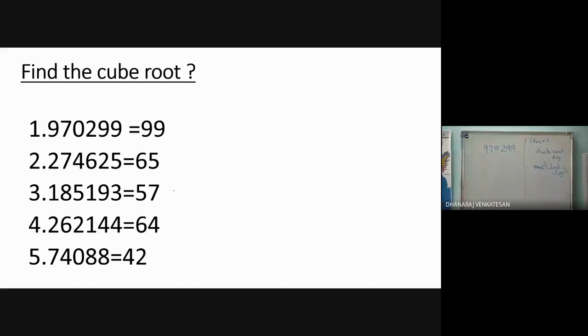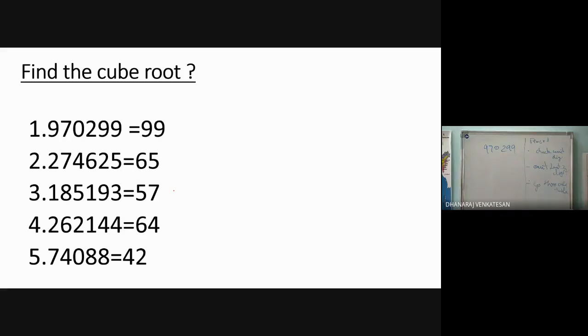In square root, you have seen that 2 digits. Here you have to omit the last 3 digits. Next step is similar. Go through the cube table. Okay, that's it.